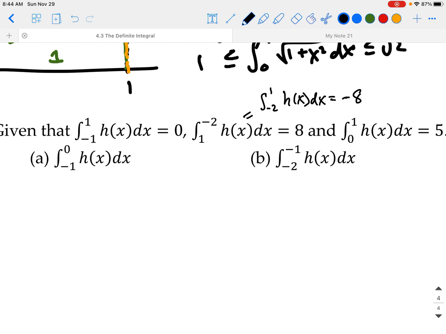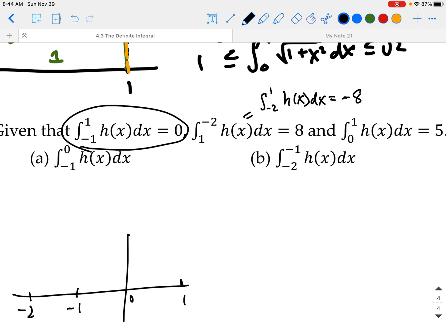All right. So we want to figure out the integral for a, from negative 1 to 0 of h of x dx. So let's draw our picture here. So pretty much we've got information between negative 2 and 1. So we want to figure out the area from negative 1 to 0. Let's look at what we know about the area from negative 1 to 1.